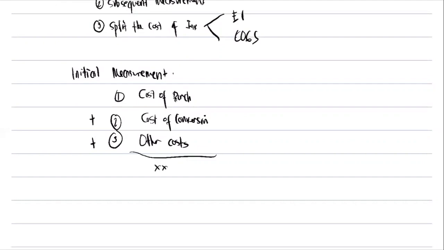So first we go with your cost of purchase. So what is your cost of purchase? Your cost of purchase is your purchase price, import duties, and non-recoverable taxes.